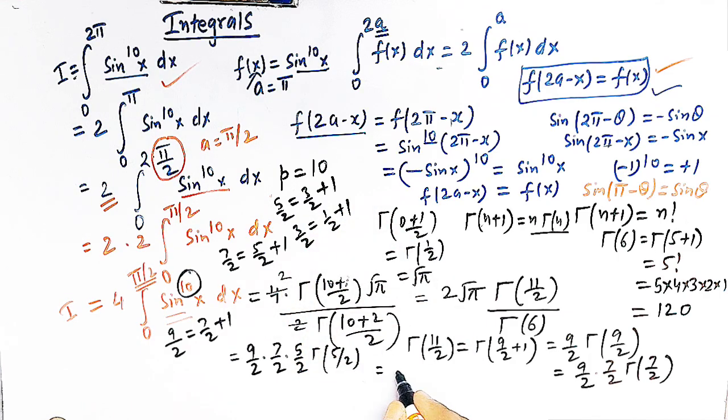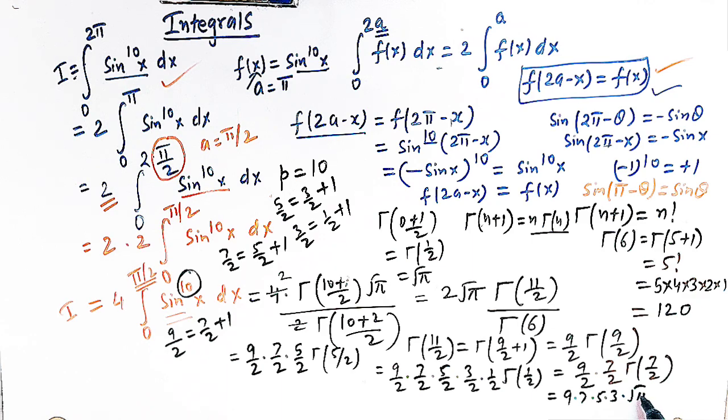So we have 9 over 2 times 7 over 2 times 5 over 2 times 3 over 2 times half times gamma half. That gives 9 times 7 times 5 times 3 times gamma half, which is square root of pi, and in the denominator 2 raised to 5, that is 32.